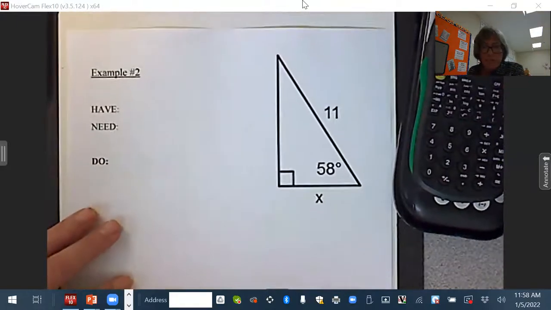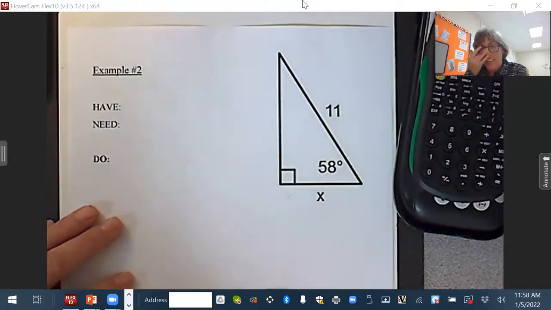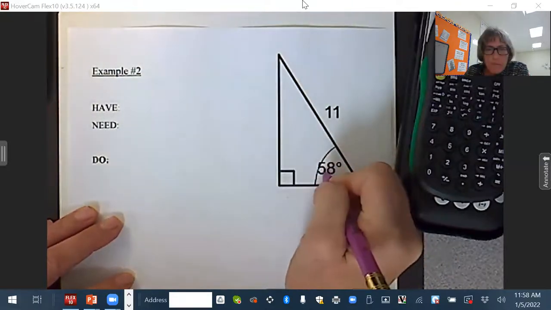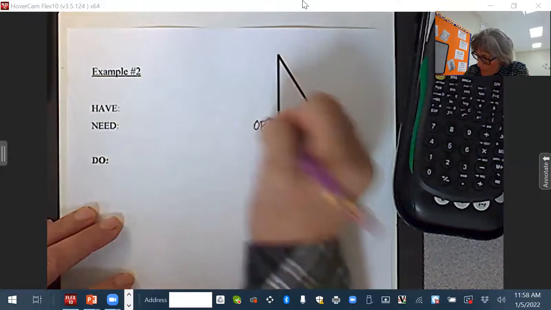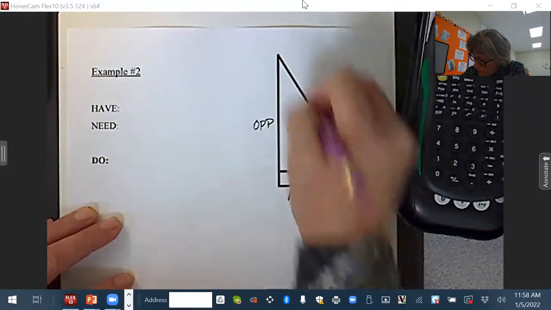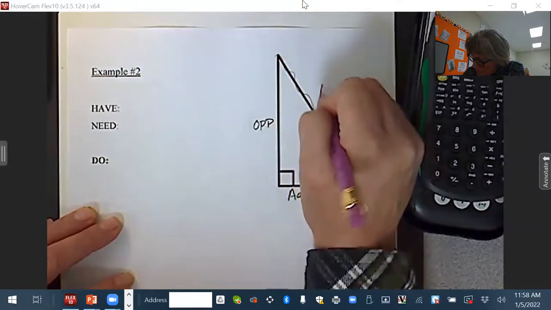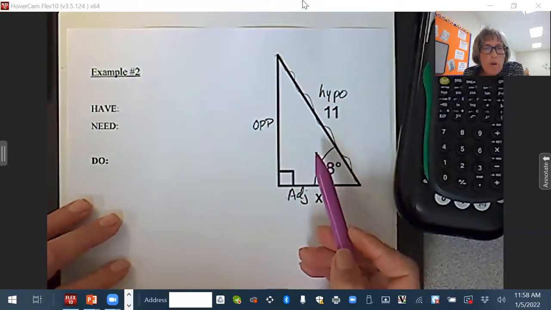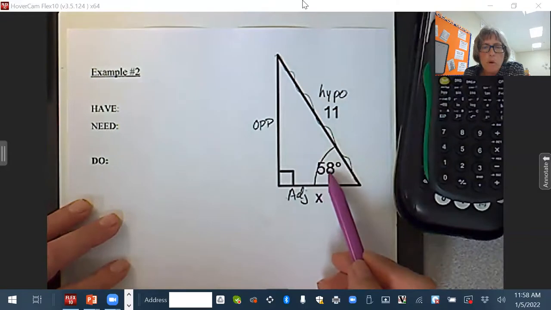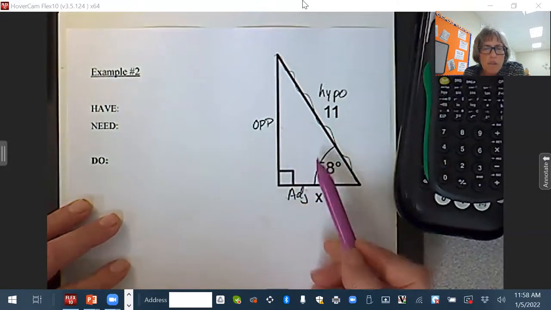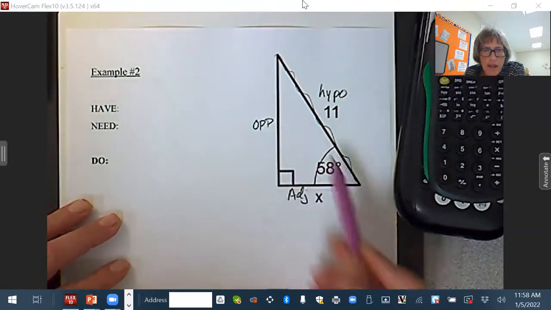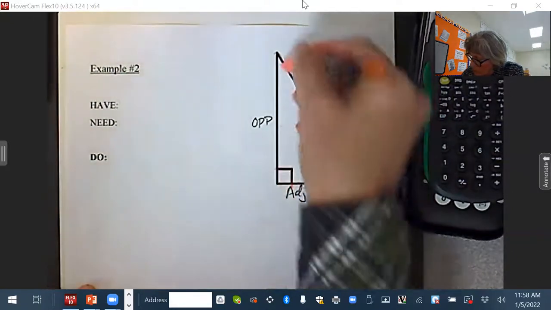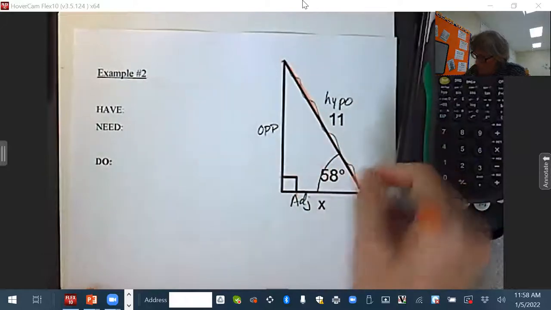Example 2. We're doing it together. Relax. Step number 1 is to label your opposite, adjacent, and hypo. So if I'm working with 58, this is the opposite side, this is the adjacent side, and of course the hypo is always across from the right angle, so the hypo never changes.